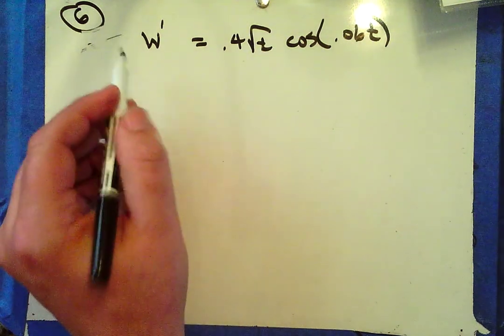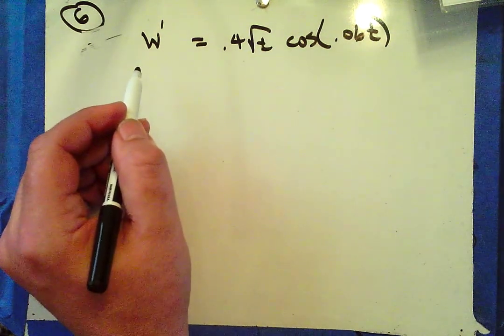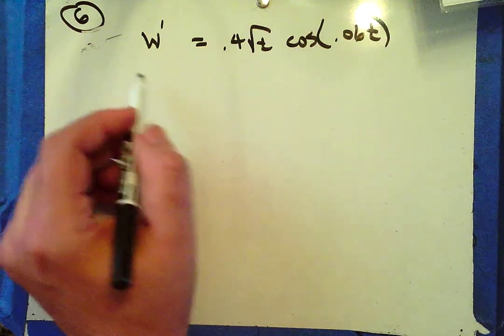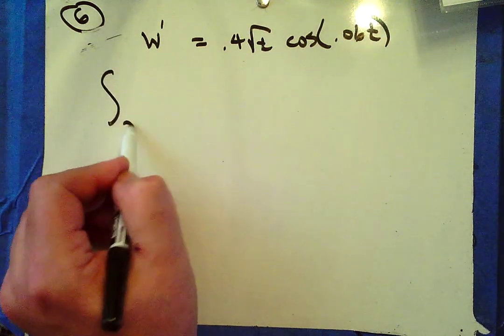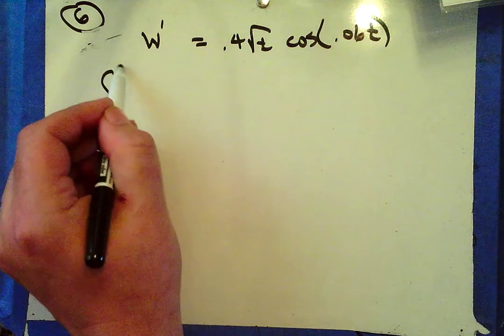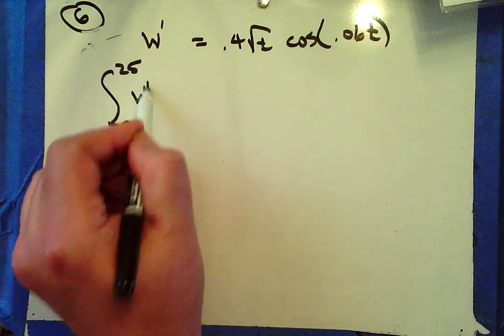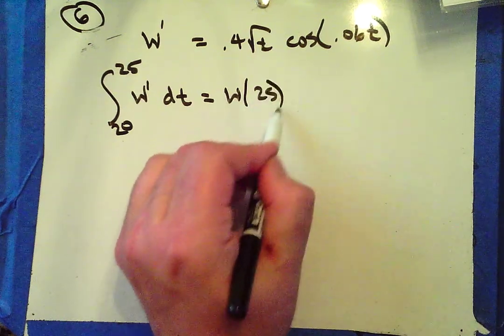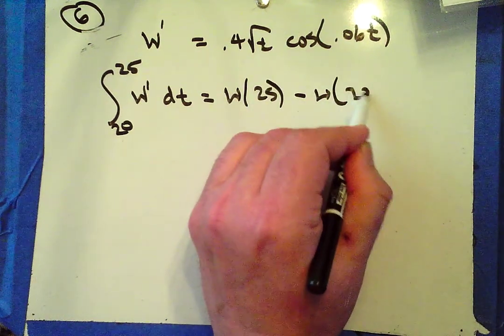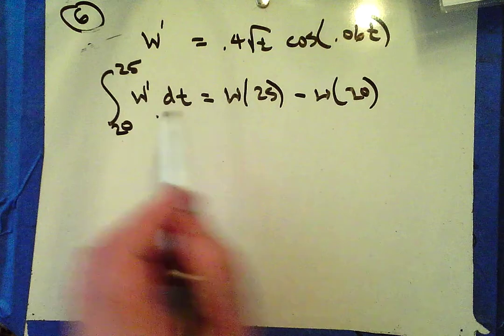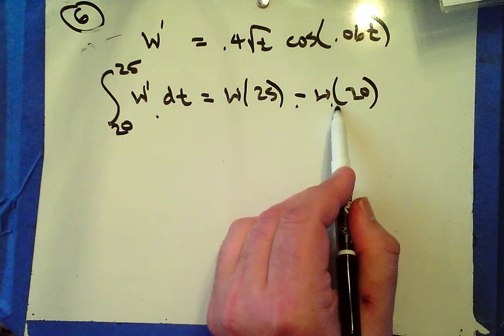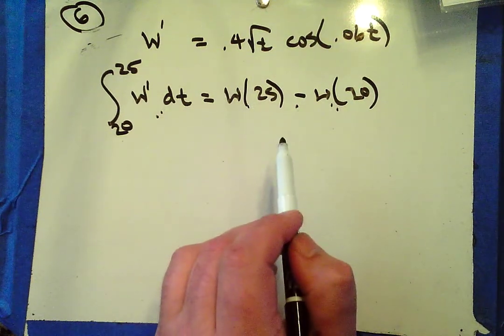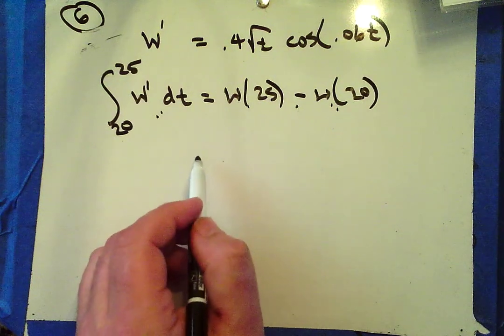Okay, so we know the temperature of the water at 20. So I think if I integrate from 20 to 25, W prime, that should be W at 25 minus W at 20. So if I do this integral and add W of 20 to the value of that integral, I'll get W of 25.